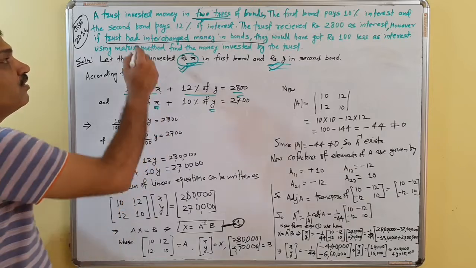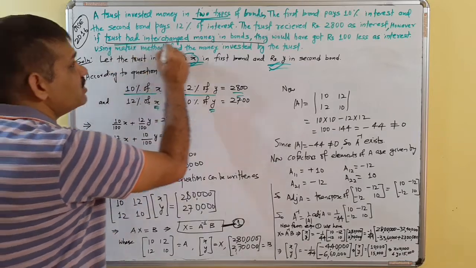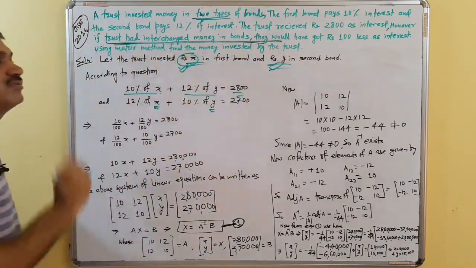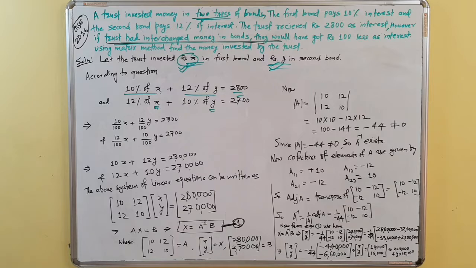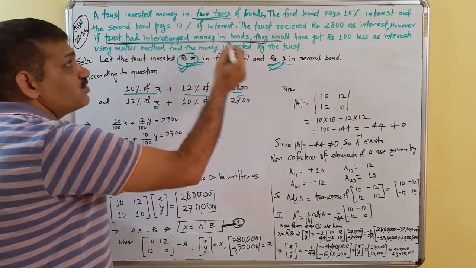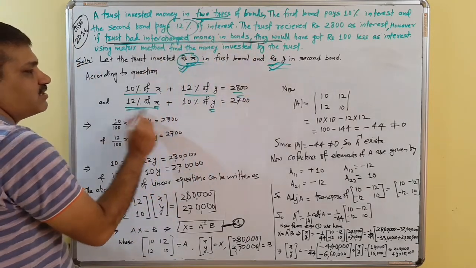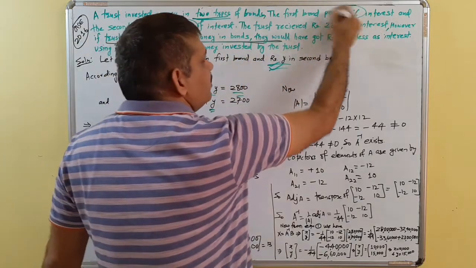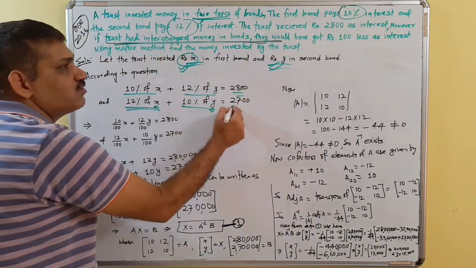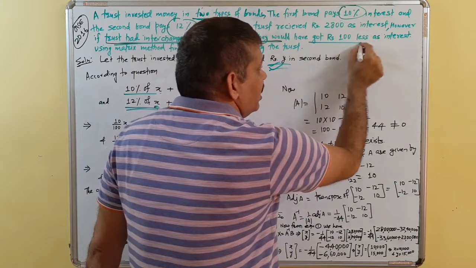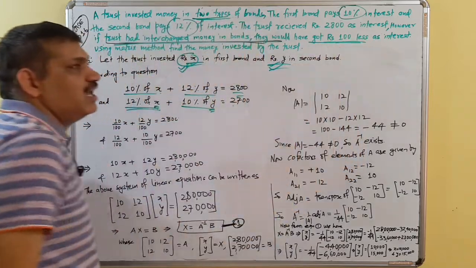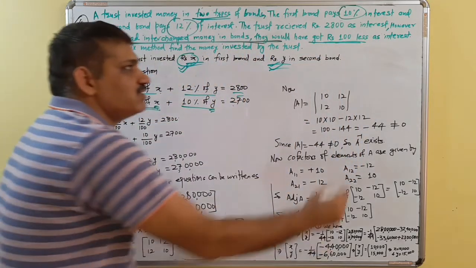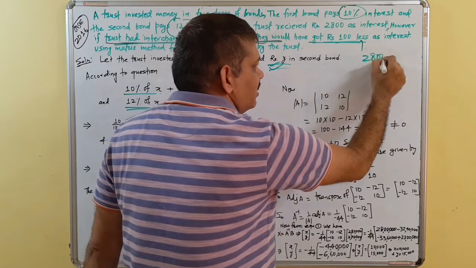So now if the trust has interchanged the money in bonds, that means now X is going to get 12% of interest and Y is going to get 10% of interest, is equal to rupees 2700, because they have got rupees 100 less as interest. Previously the interest was 2800.